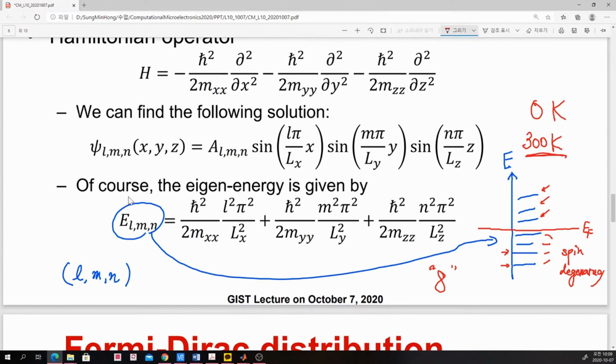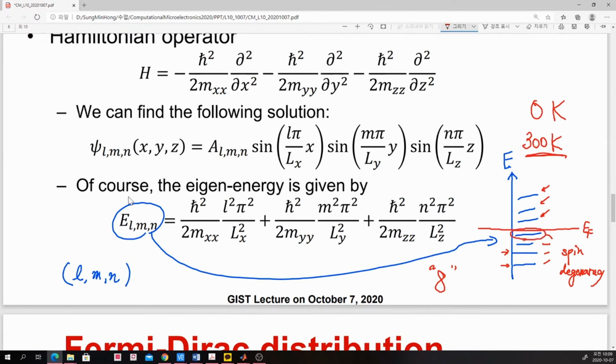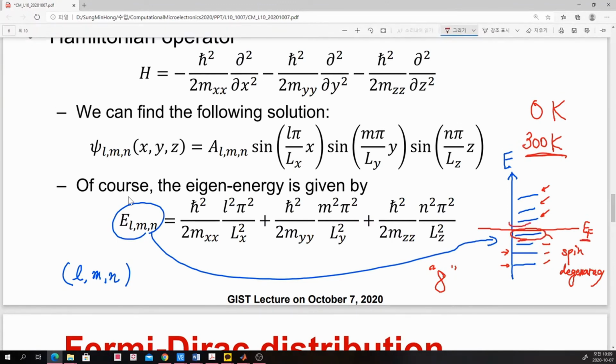However, the occupancy of the state closest to the Fermi level can differ. Previously, at 0 Kelvin, it was just 1 and 0, but we can now have a slight deviation from 1 and a slight deviation from 0.